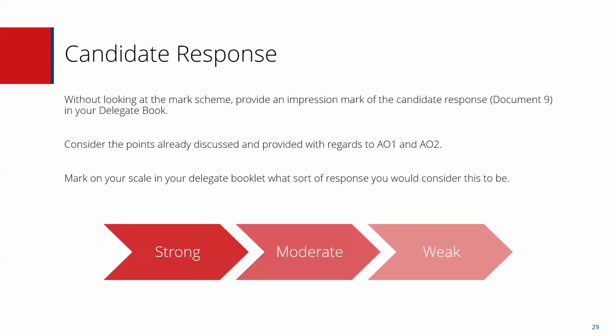So without looking at that now, put that mark scheme to one side. Just get an impression mark of Doc 9. So document 9 in your delegate book. I'm going to give you a little bit of time here to have a good read through that.